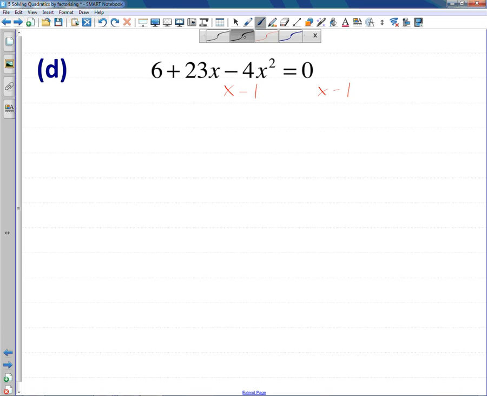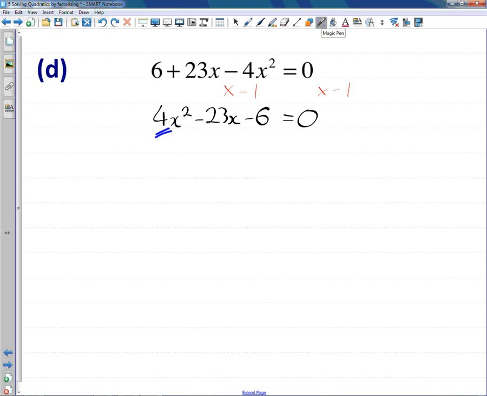So by multiplying all of that by negative 1, it has the effect of all of the signs changing. So now it's a positive 4x squared, a minus 23x there, and a minus 6. And yes, I suppose technically you need to do 0 times negative 1, but not a lot changes there. So it's become slightly easier because of that.